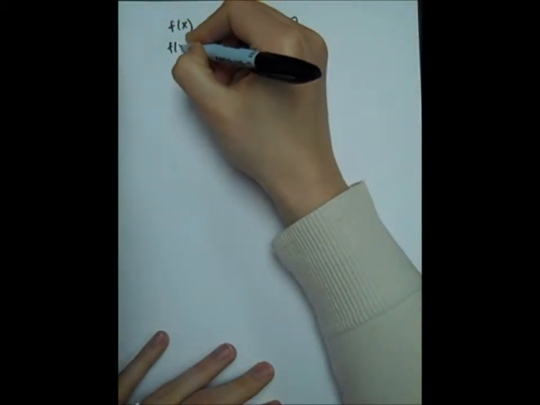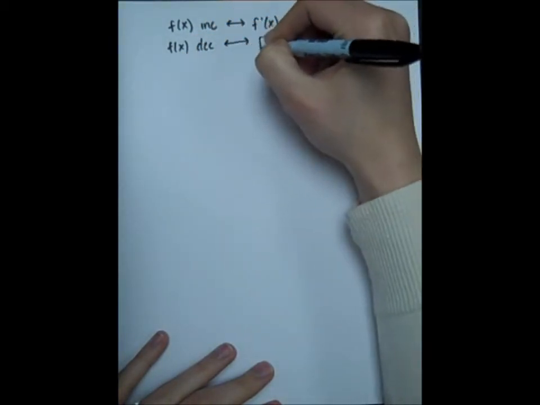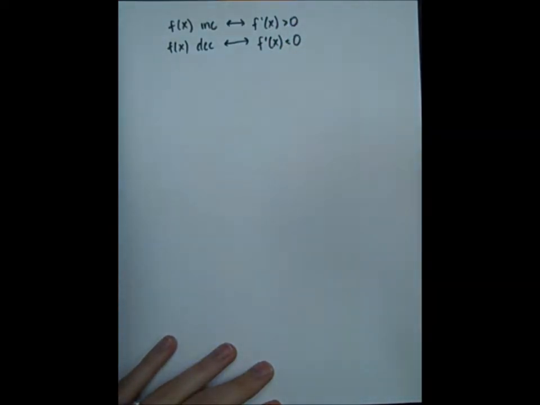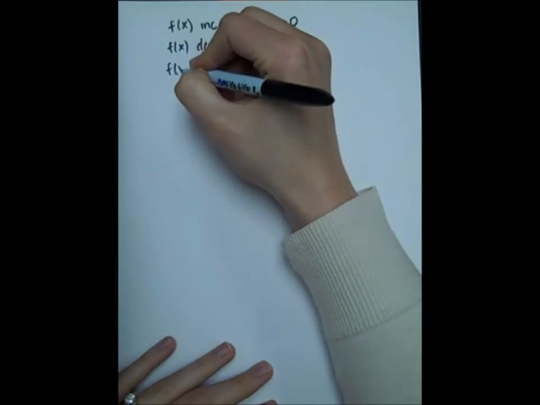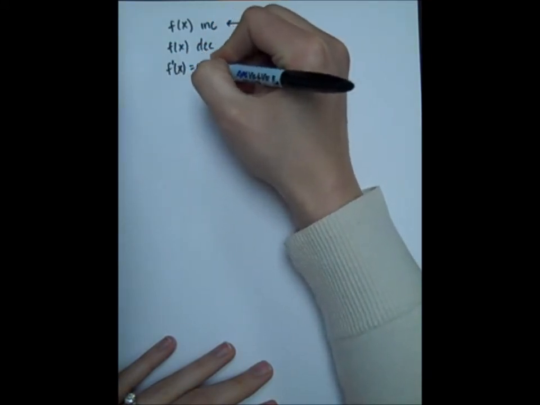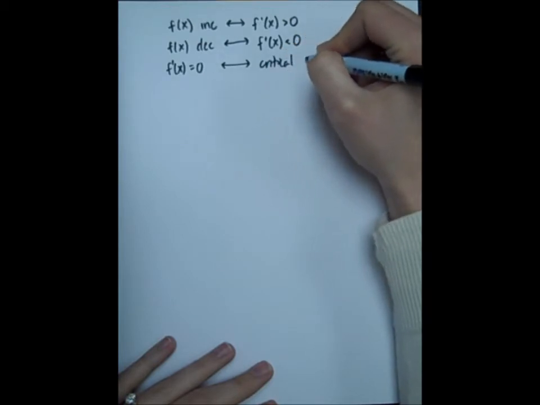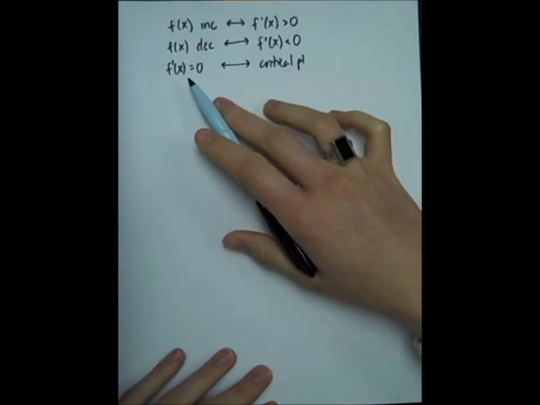We could also say f of x is decreasing. Well, that means that f prime is negative. We have f prime of x is 0 at a critical point. We could also have the undefined one here, so keep in mind that this is really 0 or undefined.